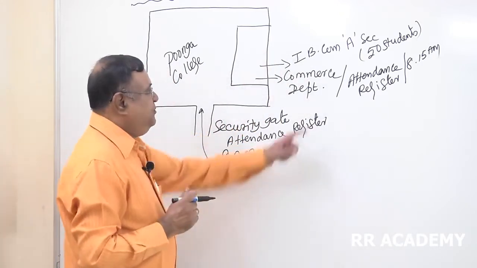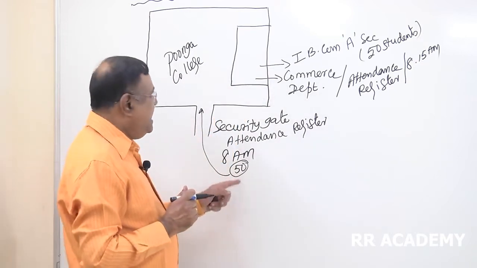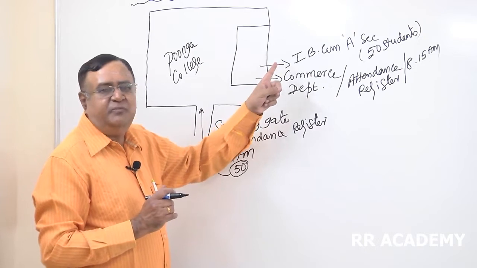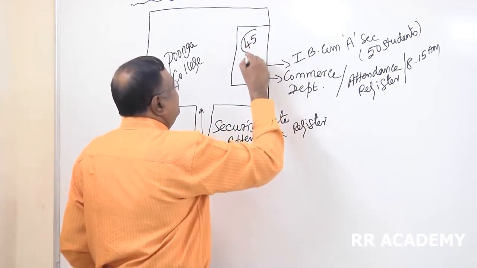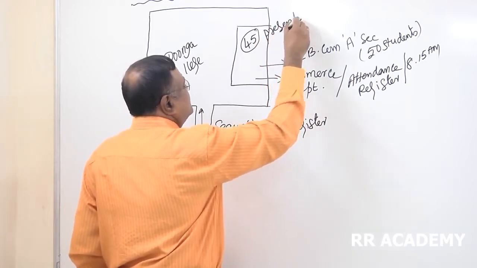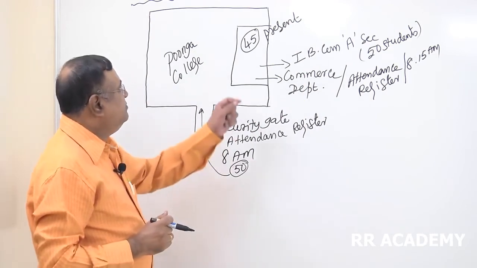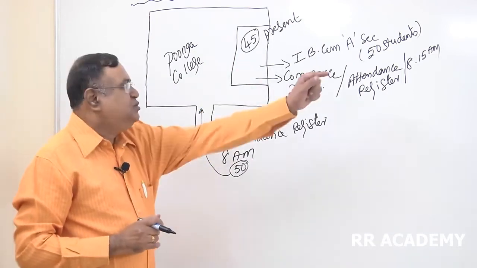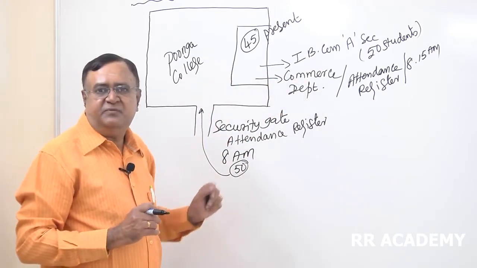At 8:15, the professor takes the attendance register. The same 50 should be there, but only 45 are present. Now what happened? HOD is coming. Why, professor? Only 45 present, 50 students?